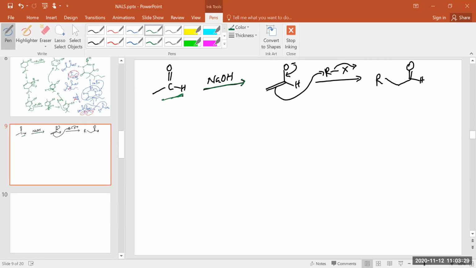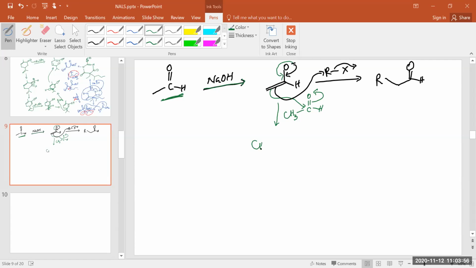Some of the molecules will be converted into an enolate, and they will react with the enol form of the remaining molecules. So what will happen? This will come here, and this will react here, and this will go here. So what will be the product?